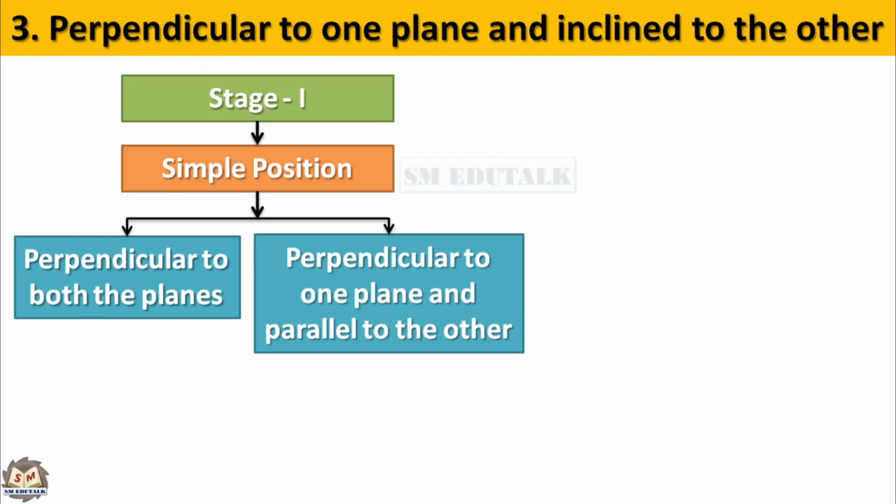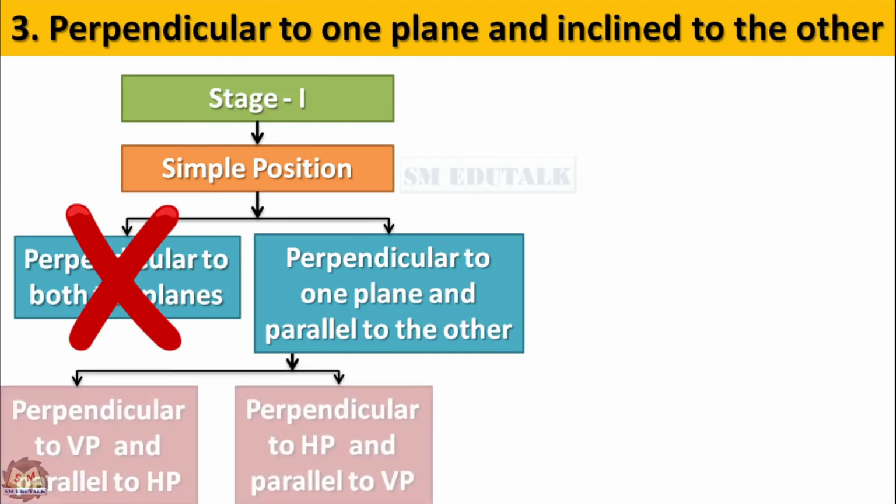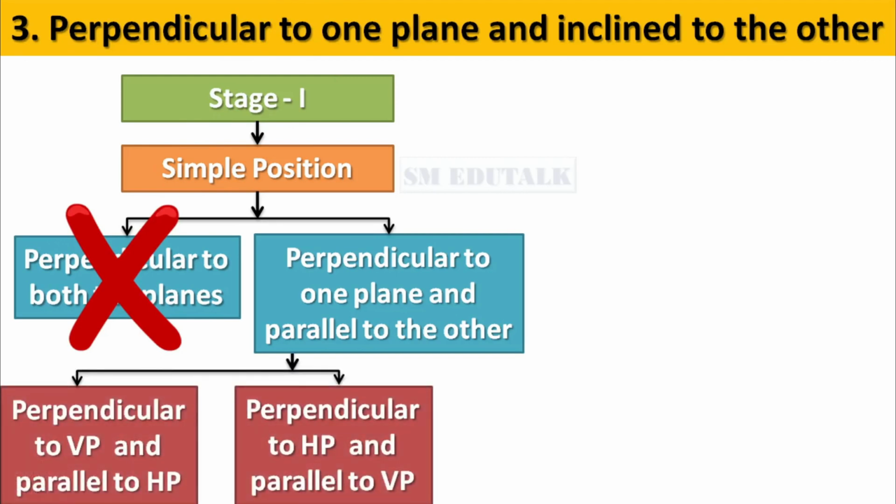Among the two, the first position is a rare one. You can't expect a question from this. Hence, the second position is used as the simple position. This one is also further divided into two subpositions. They are perpendicular to VP and parallel to HP, then perpendicular to HP and parallel to VP.